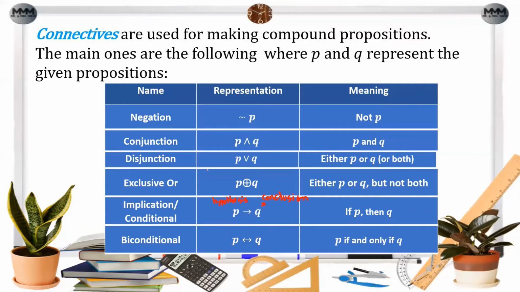First, we have P implies Q, or if P, then Q, and we have if Q, then P. So this is what we mean by biconditional. We can read this as P if and only if Q. So take note for biconditional, there are two conditions involved here.